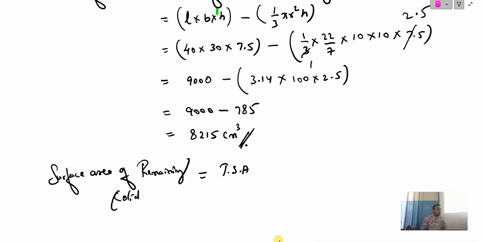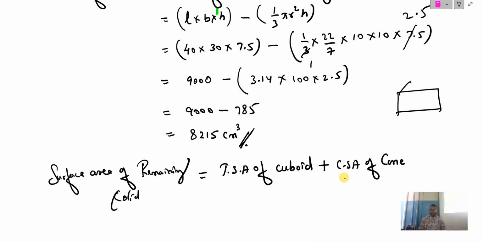This is my cone. So this is my total surface area. This is the shape, right? In this total surface area of cuboid, plus, can I see this V shape? Yes, the V shape is visible to me. So that is plus CSA of cone, minus area of circle.